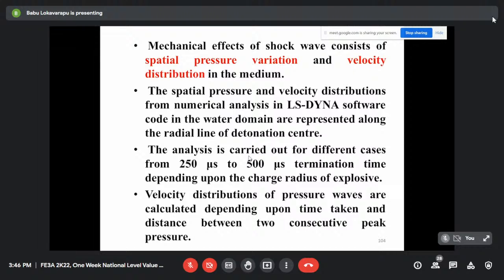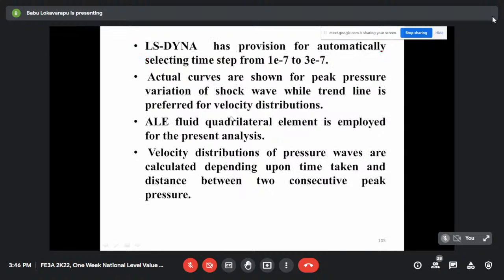Okay. All of this is extracted for different time units, because we have an option of changing from 250 microseconds to 500 microseconds for different cases, and we can also give time settings automatically, 1e-7 to 3e-7, using this option.